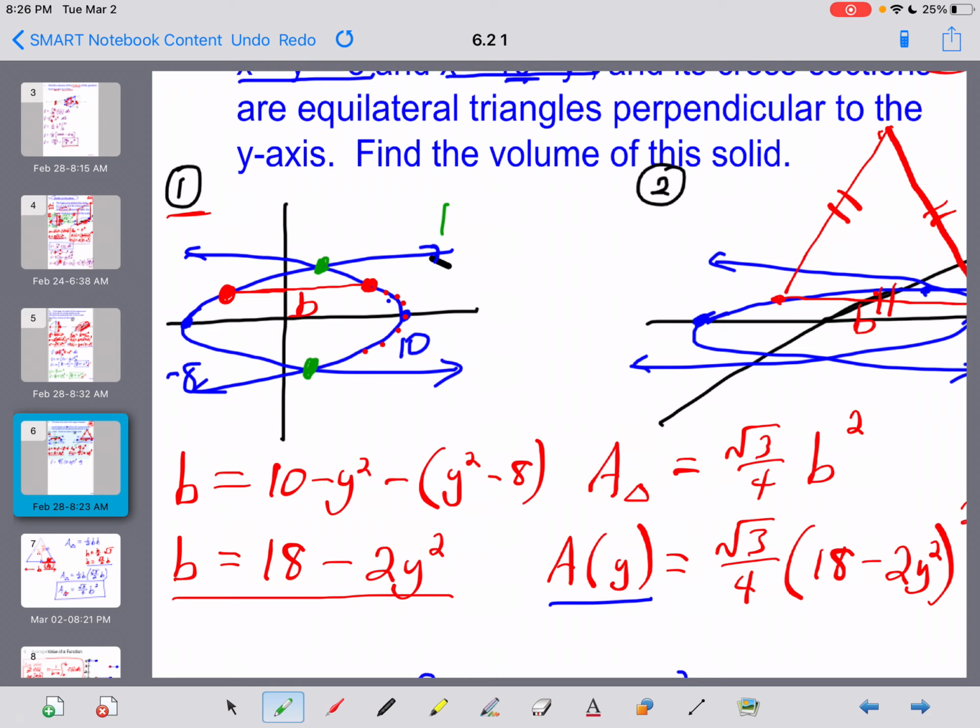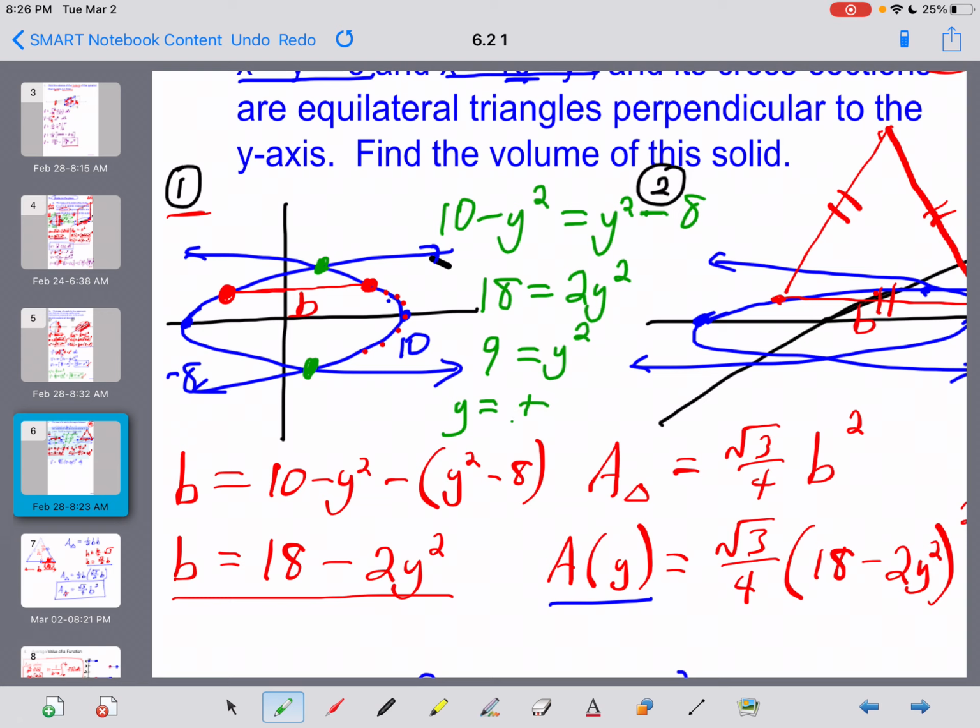So we had a 10 minus y squared, and I want to know where that's equal to y squared minus 8. Okay, I'm going to bring the y's to the right, the constants to the left. I'm going to get 18 is equal to 2y squared. We'll divide by 2 on both sides and get 9 equals y squared. We'll take the square root of both sides and get y equals plus or minus 3.